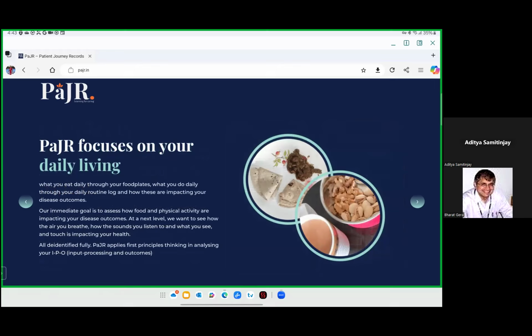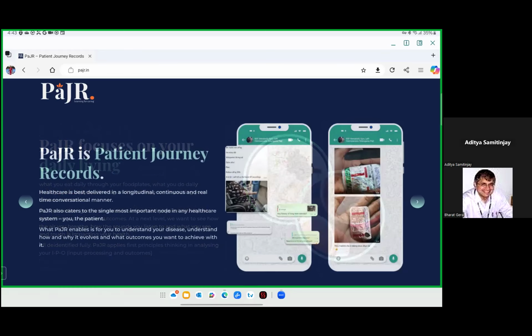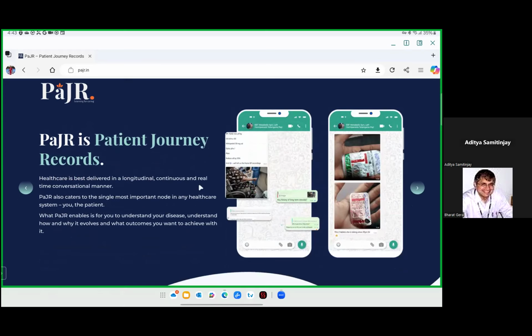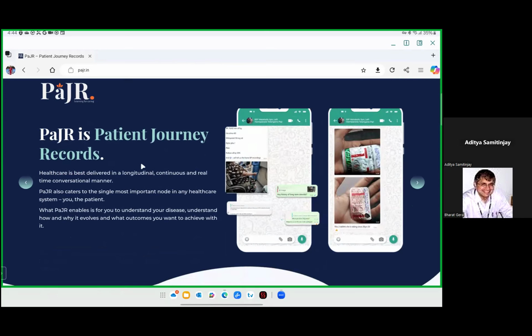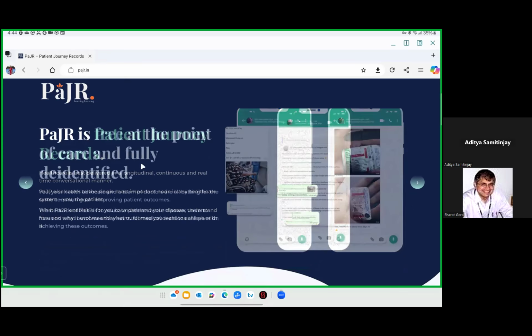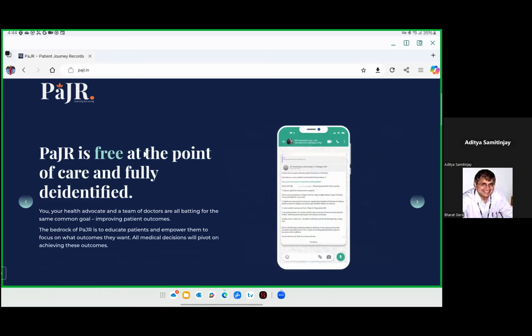So what we did is basically build open access platforms. Number one, WhatsApp, where we recruit patients. If you can see the website on my screen here, Pager is patient journey records. Unlike the website shown previously, we used actual images. I'm not sure what the selling point of this is, but my idea is to keep it as original as possible.